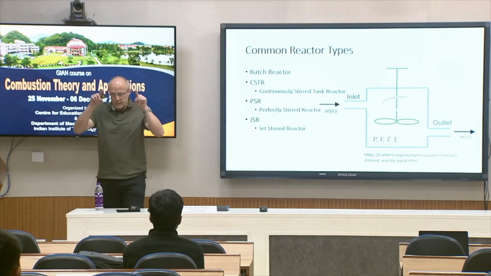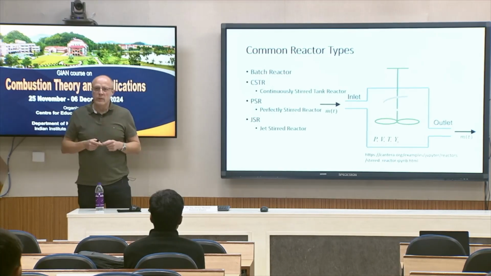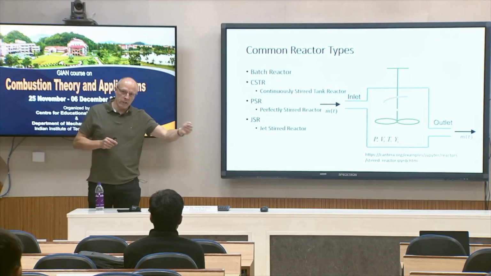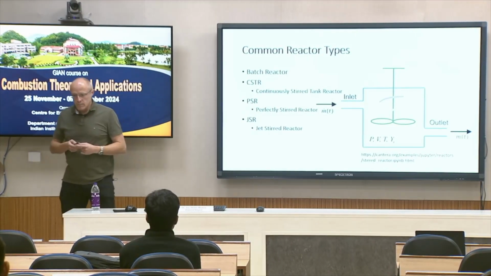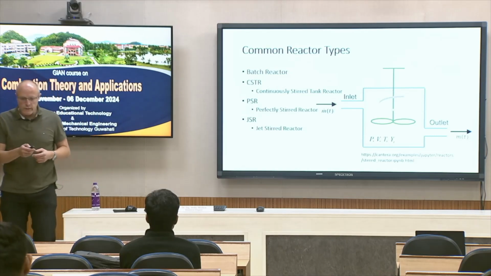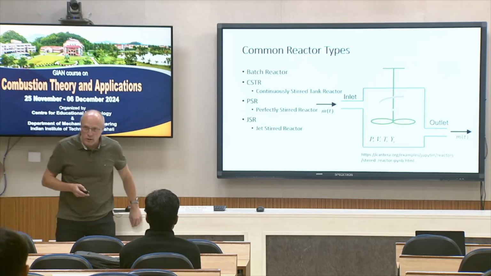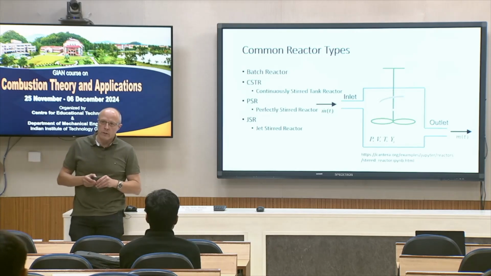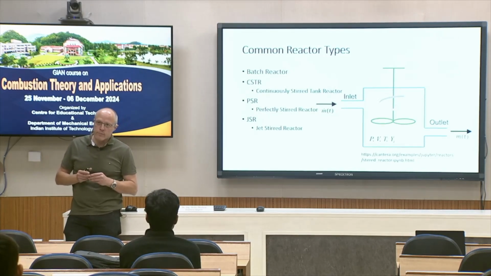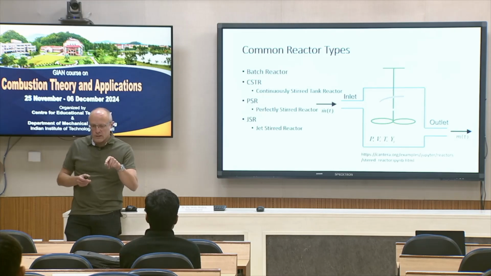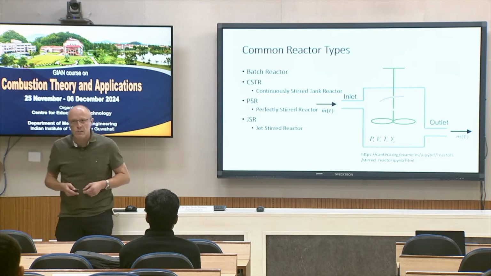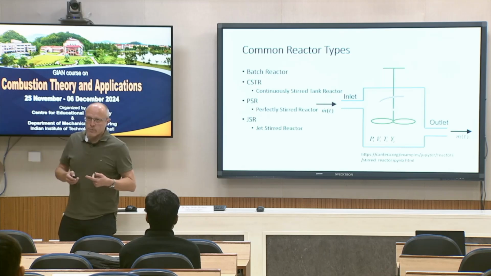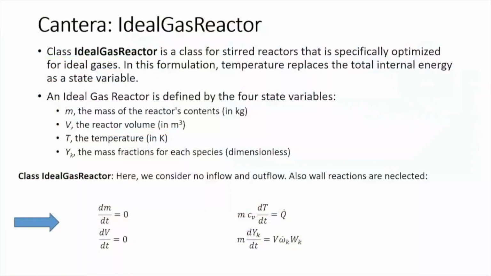You have a 0D system, a homogeneous system, where you have some inlet flow and an outlet flow. You can define your boundary conditions here, and you can define your inlet conditions. I will explain with the batch reactor in more detail what I mean here. And maybe afterwards you can please ask again if something is missing.